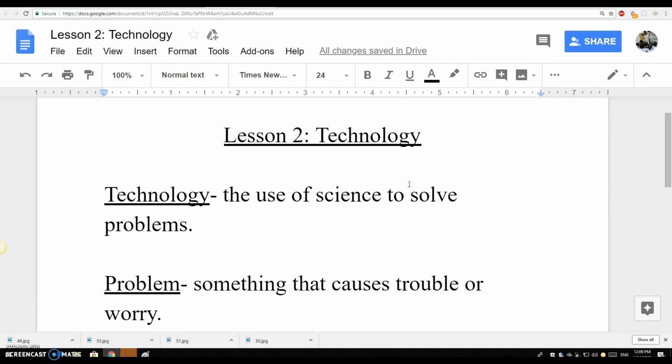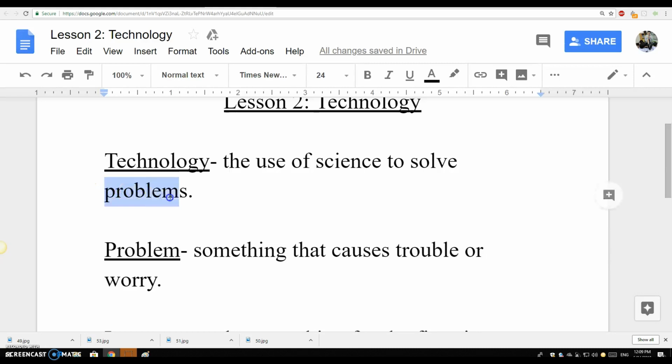A pen is a kind of technology. And any simple machine, even a lever, as we will learn later on in the chapter, is technology.